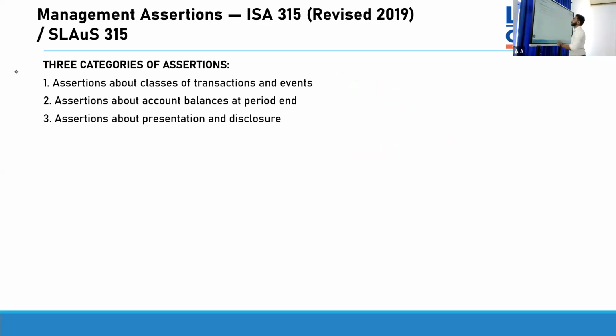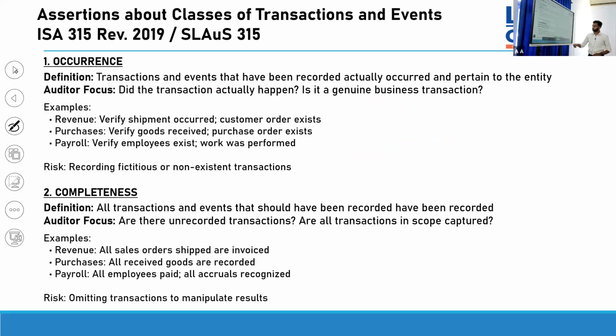Okay, let's see one by one. First one is assertions about classes of transactions and events, which means, for what purpose do we use these assertions? Can anyone tell? Assertions about classes of transactions and events.